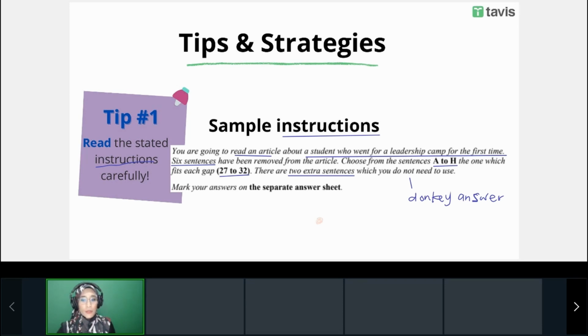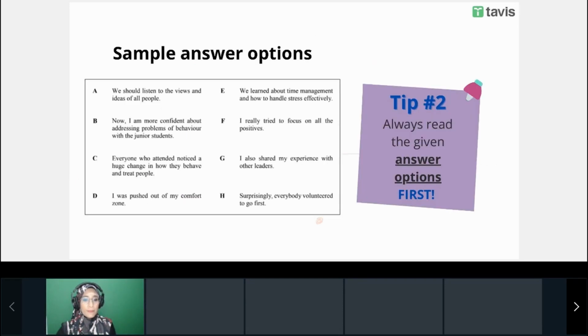Now, moving on to the next tip. Tip number 2, always read the given answer options first. I would say this cuts short your time. Seriously, this part cuts short your time when it comes to answering the question.